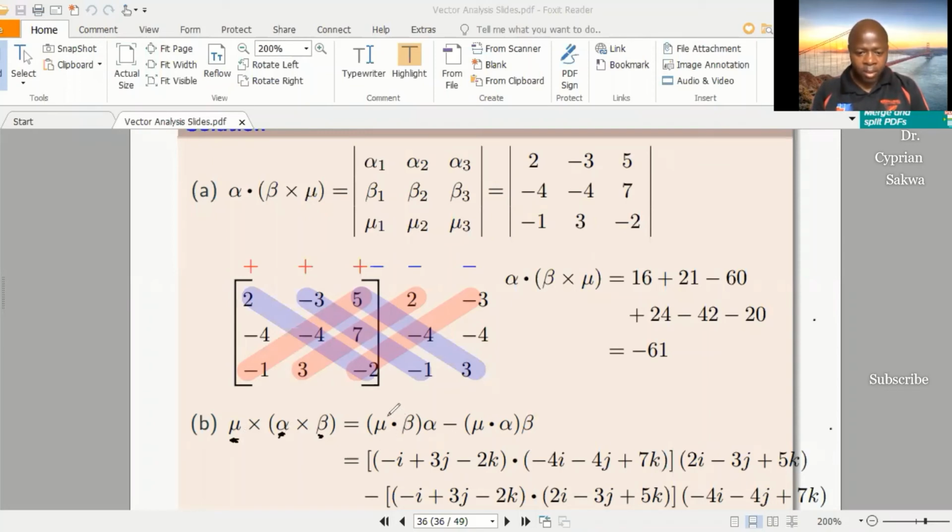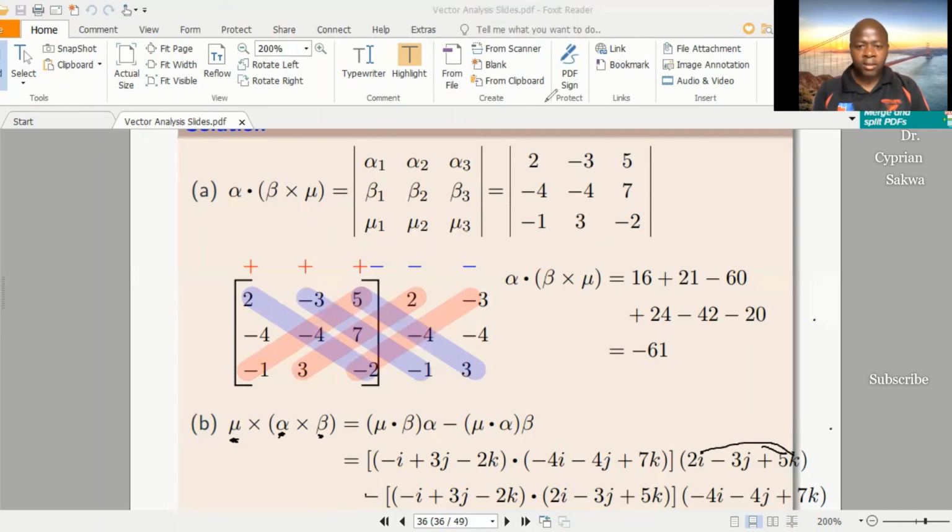What is the dot product of mu and beta? This is our mu, and this is our beta, so I get the dot product there, then multiply by alpha. Then minus mu dot alpha, the result multiplied by beta.